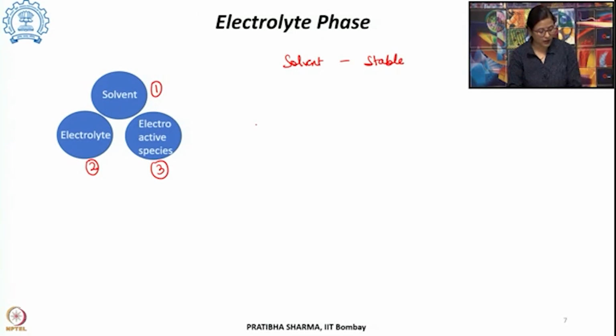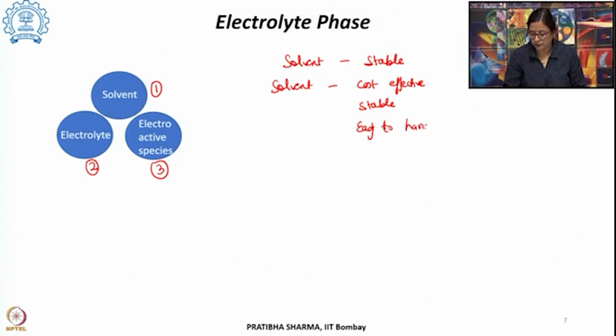Now, the solvent should be cost effective, stable, and easy to handle, that means its disposal as well as handling should be safe, and recycling of it should be safe.